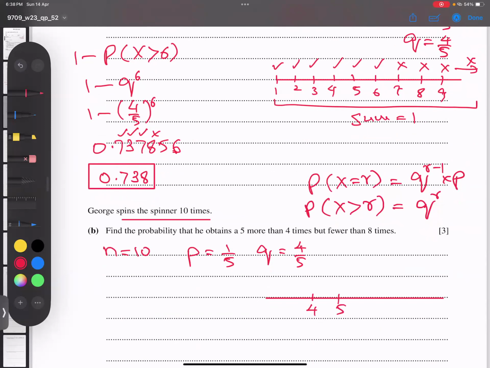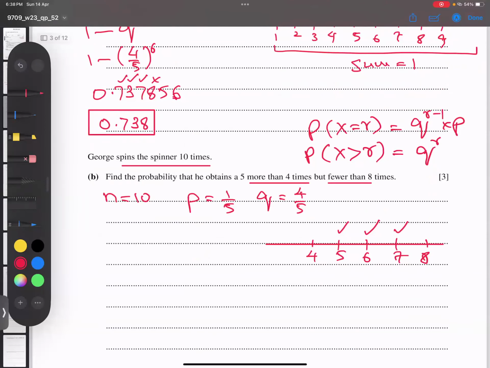Look, I show you 4, 5, 6, 7, 8. More than four times, so 5, 6, and fewer than 8, so 7. So we have 3 options. Okay. And I believe you got my point.